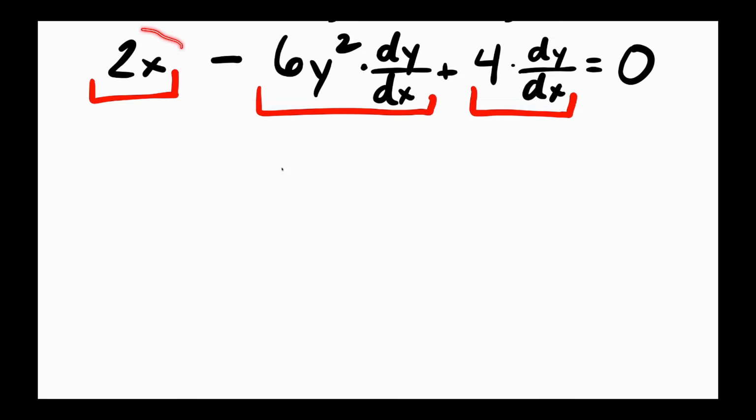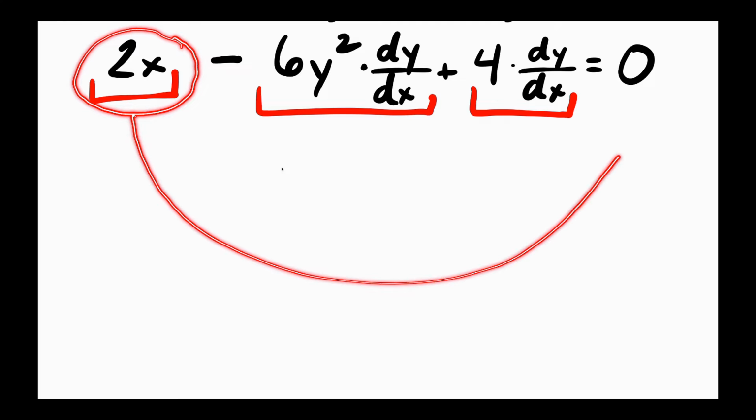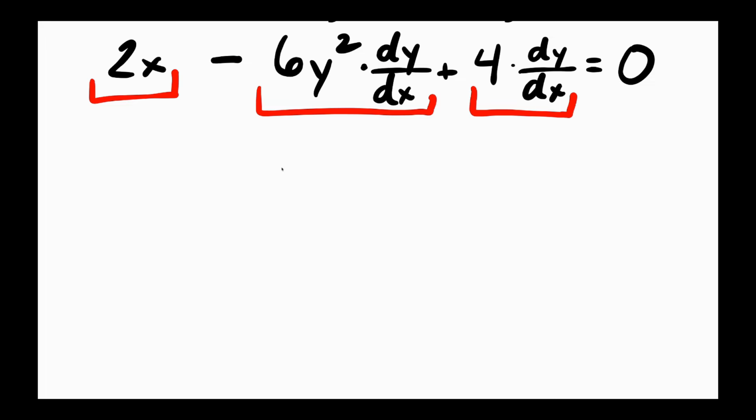Well, this guy over here doesn't have that guy, right? So how do I get this guy out of Dodge and get him over here? What are my math 1 skills going to tell me to do? Do the opposite, subtract. Good, so I'm going to subtract 2x from both sides of the equation.